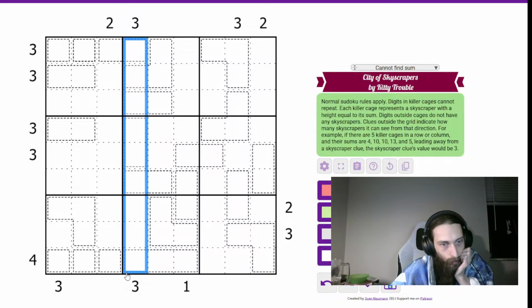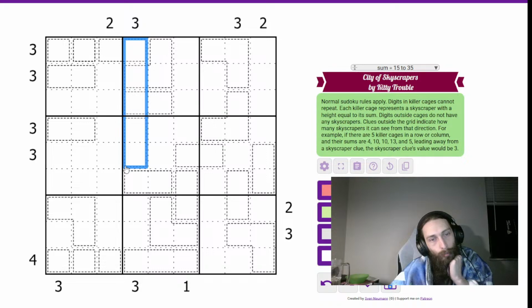Alright. This column is probably the most important, because there are 1, 2, 3, 4, 5, 6. And if I can see 3, then I clearly see the first one from both sides.